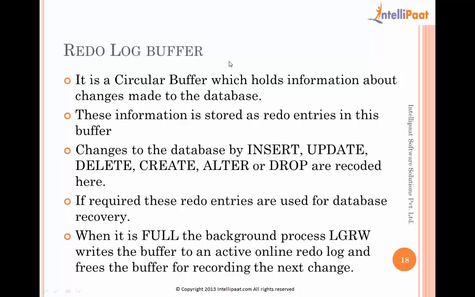That is, when it reaches the end and there is not enough memory, it comes back and just overwrites. The information about changes made to the database is stored as redo entries in this buffer.